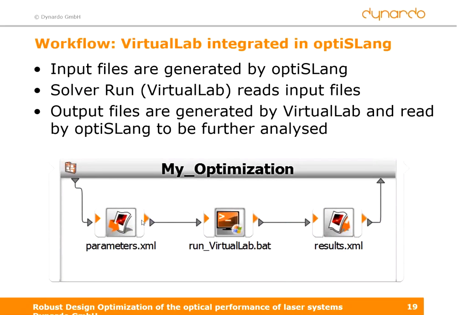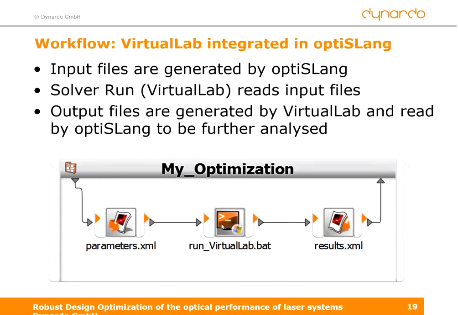And this looks like that in optiSLang, that automatically this workflow is set up by using a solver wizard. So it means it uses this input file of VirtualLab, this parameters XML, and this BAT file then is reading this input file.